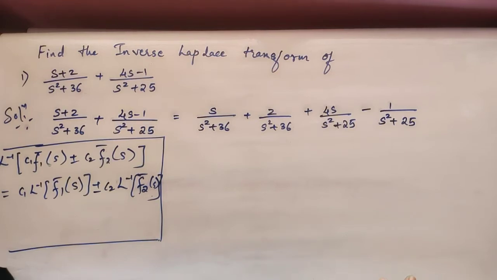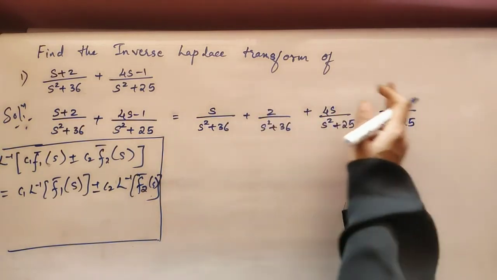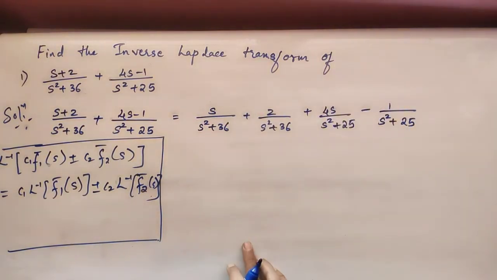So based on that, if I want to take the inverse Laplace transform of this, I just have to take the inverse Laplace transform of these individual terms. Because of this linearity property, I can easily go for it.